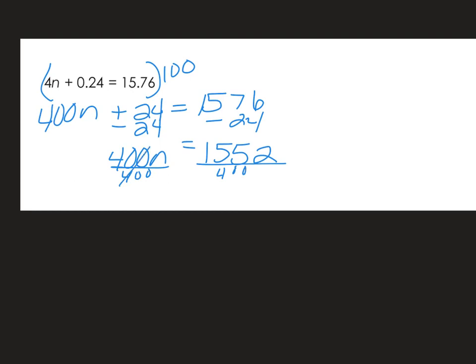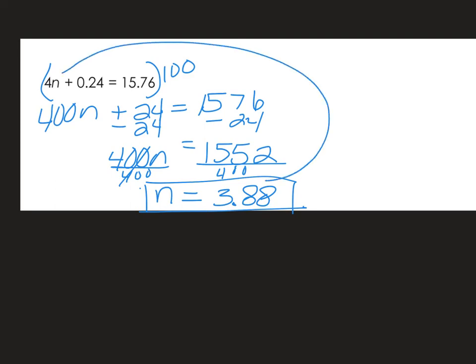Now I can tell you that this is not going to be a very user-friendly decimal, but we know we're going to end up with a decimal because we had decimals at the beginning. So this will be 3.88. So n equals 3.88. And of course, we can check that by substituting back into our equation. Remember, you can use Desmos to help you through this process.